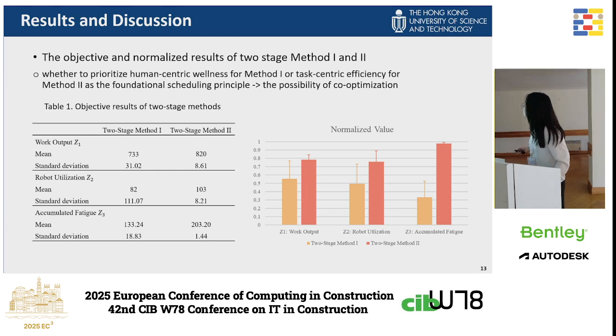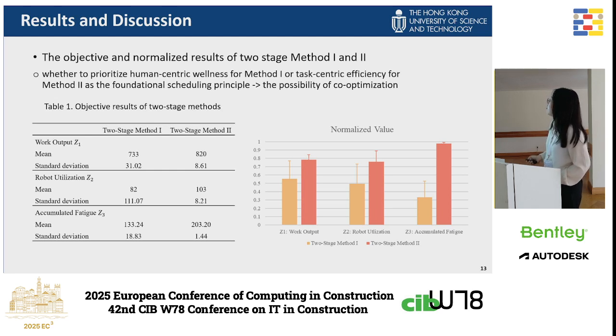But for the 2-stage method 1, where we first optimize the work-rest schedule, it has a higher variation, but it performed better on accumulated fatigue. Here lower is better, so method 1 has a lower accumulated fatigue.